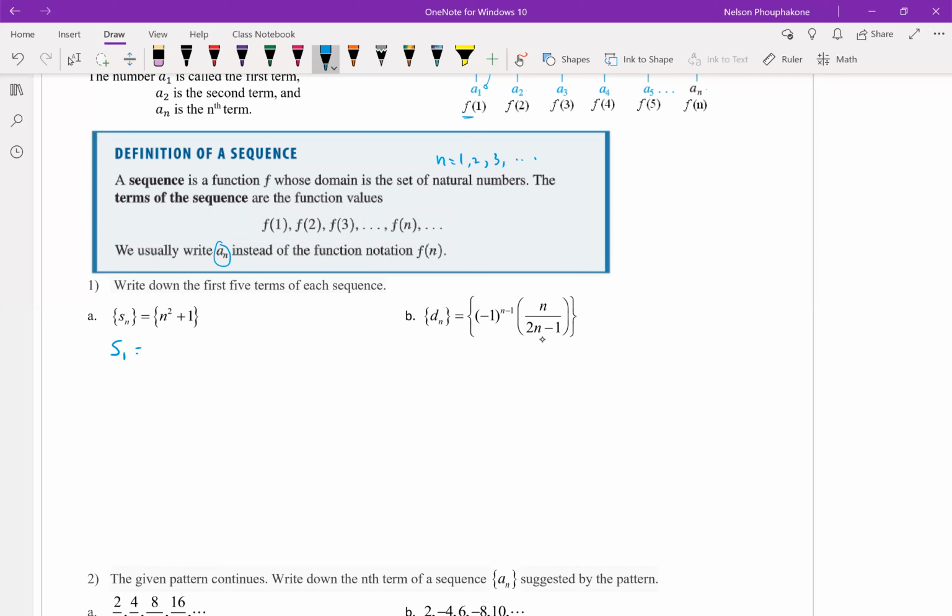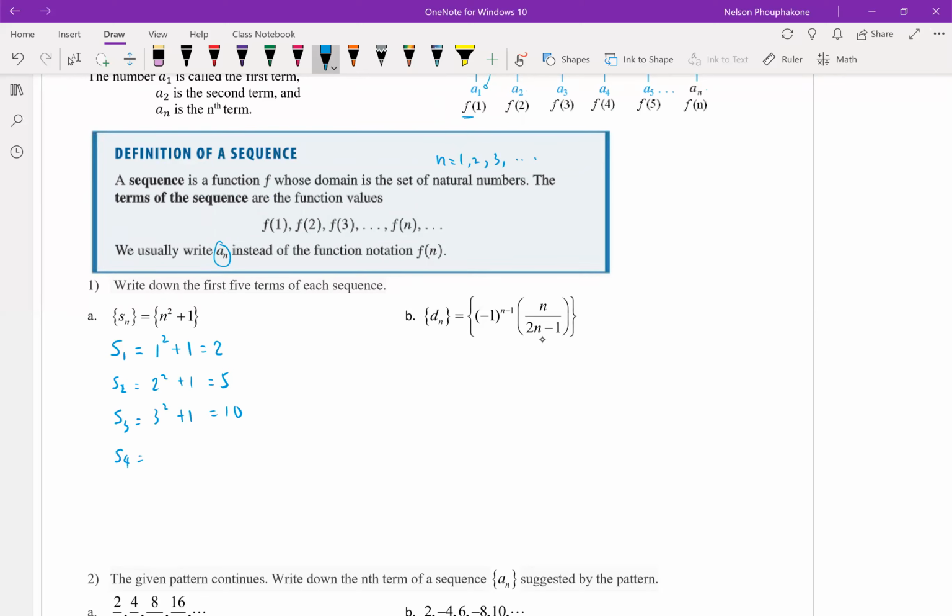So basically, what we need to do is, it will be 1 squared plus 1. So we know that, of course, this is 2. And then s of 2 will be 2 squared plus 1, so it's 5. S of 3 will be 3 squared plus 1, so it will be 10.